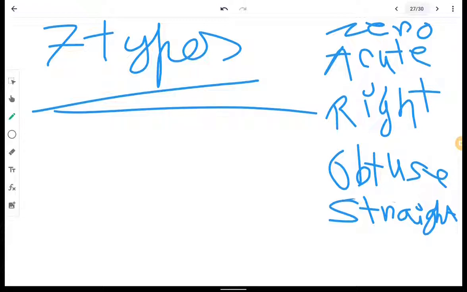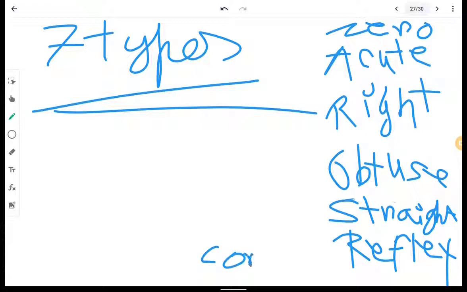Then what is reflex angle? You studied, right? You can tell me. Then complete. These are the 7 types of angle. Is it 7? Let me count. 1, 2, 3, 4, 5, 6, 7. Yes, it's 7.